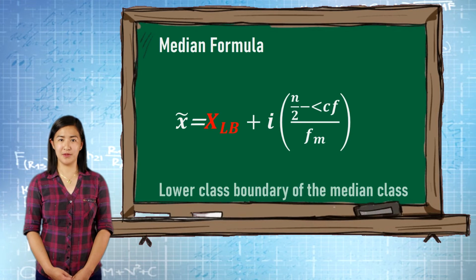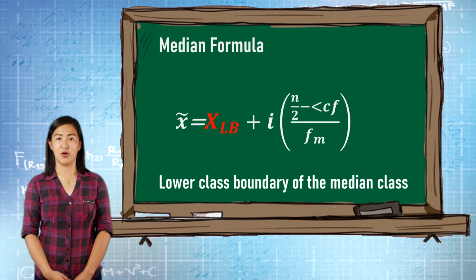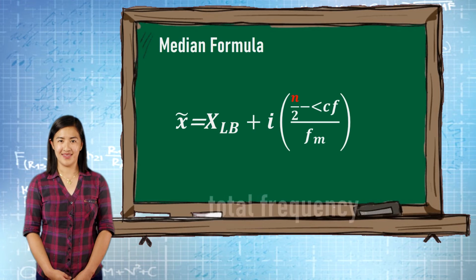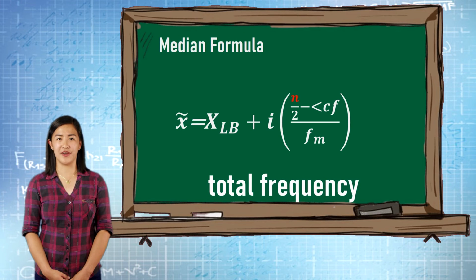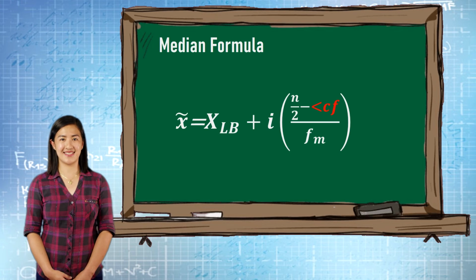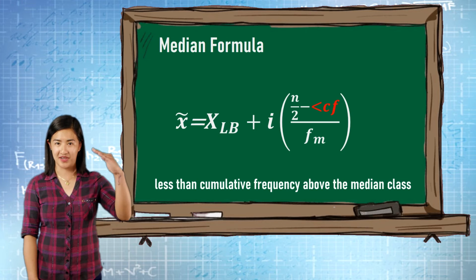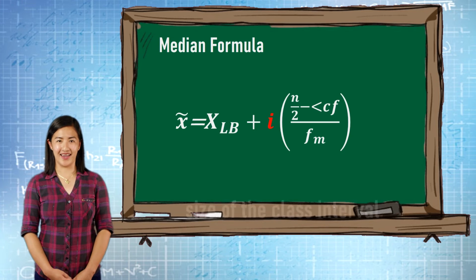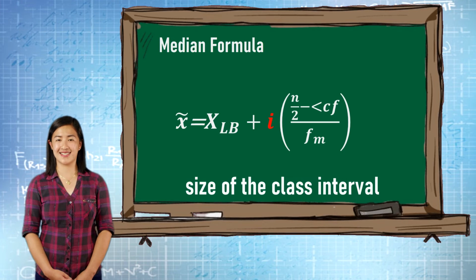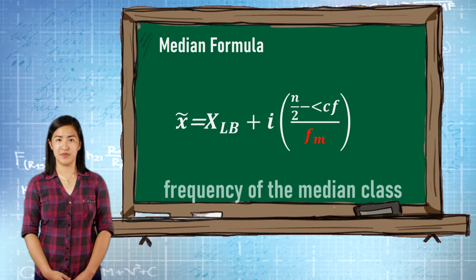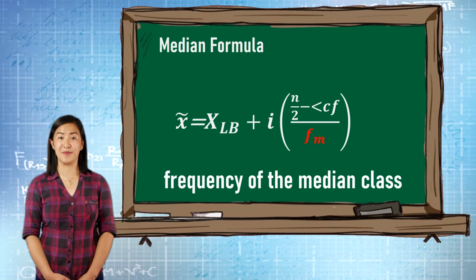X sub LB is the lower class boundary of the median class. N is the total frequency. Less than CF is the less than cumulative frequency above the median class. I is the size of the class interval. F sub m is the frequency of the median class.